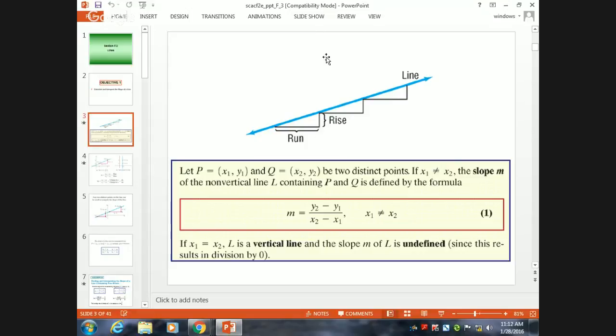A vertical line, on the other hand, is going to have undefined slope. Why? Because you're essentially having no change in x. No change in x means down here in this equation, you're dividing by 0, and division by 0 is undefined. So this is going to produce undefined slope.